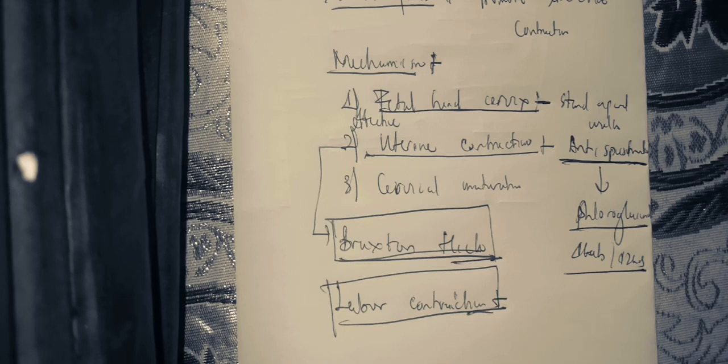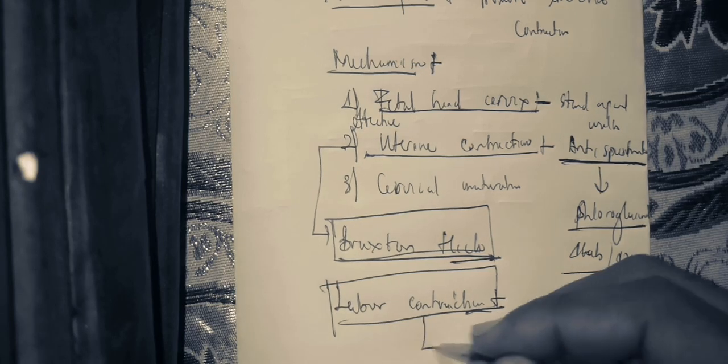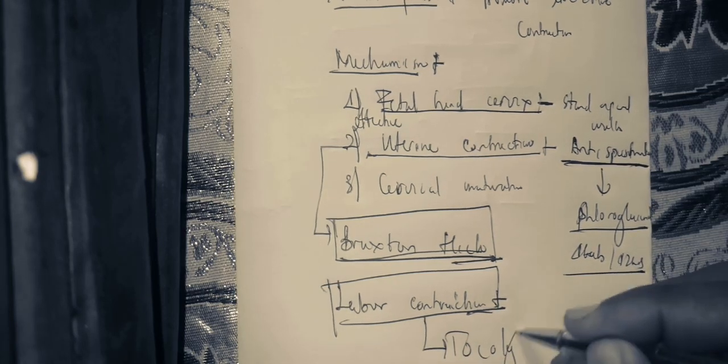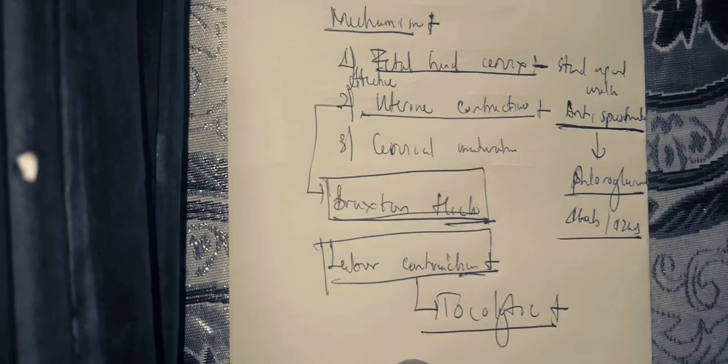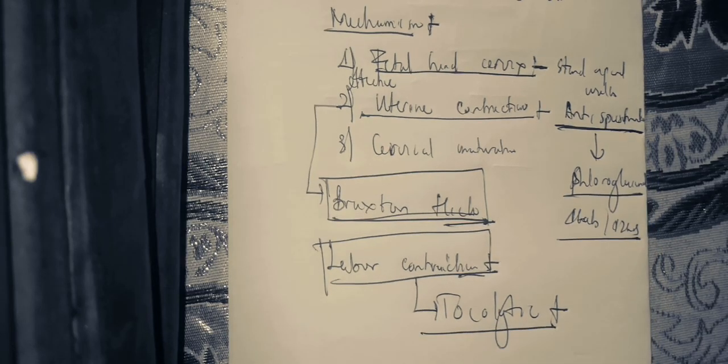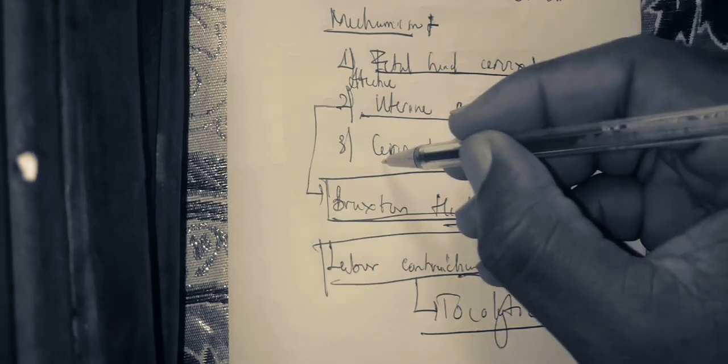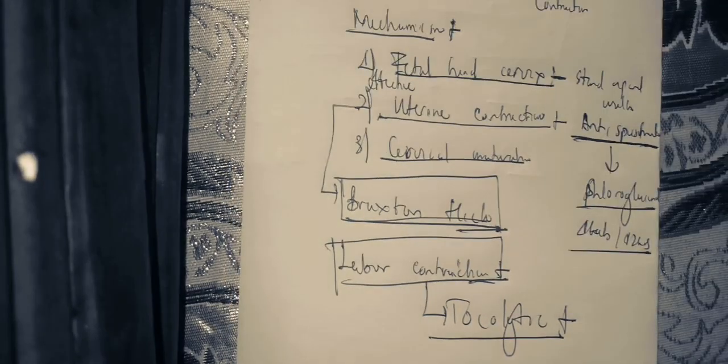The only thing that stops good labor contractions is tocolytics, and you don't use tocolytics in this case. You only use them if you have preterm labor or an indication for tocolysis.